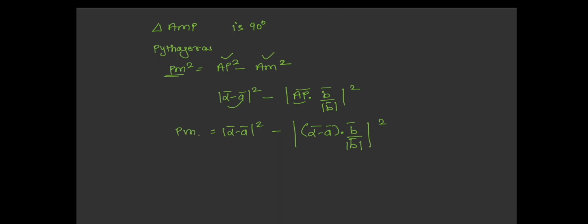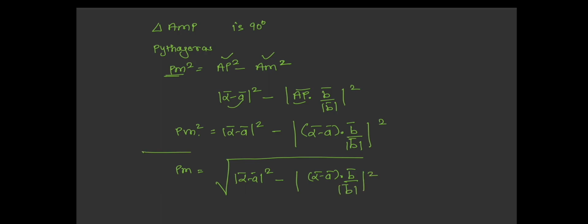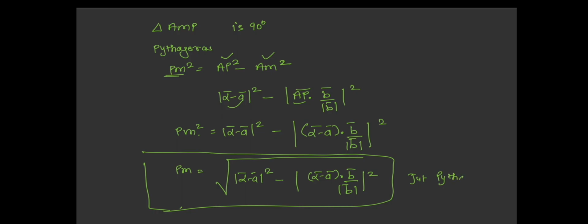So what we'll do is just take the square root. So we have PM as the square root of the magnitude of alpha bar minus a bar, square, minus alpha bar minus a bar dot b bar over magnitude of b bar, whole square. So that's our formula, and this formula is nothing but just Pythagoras.